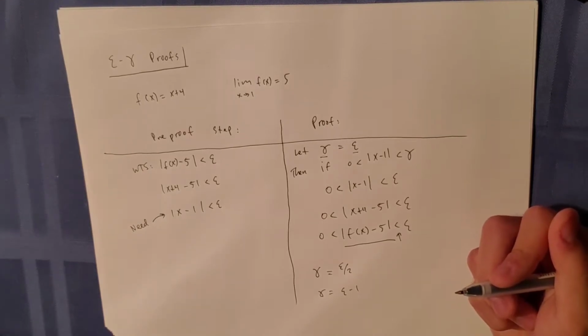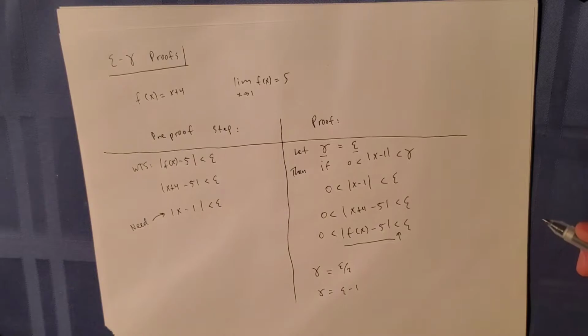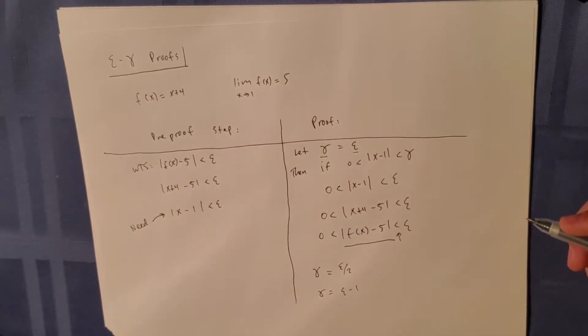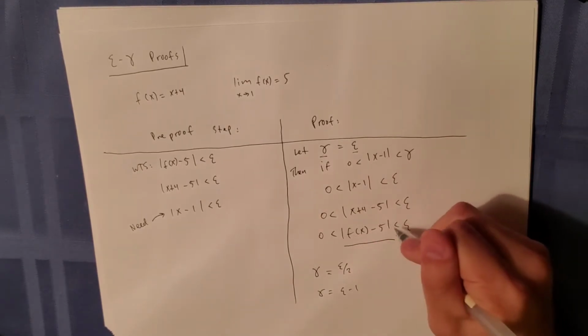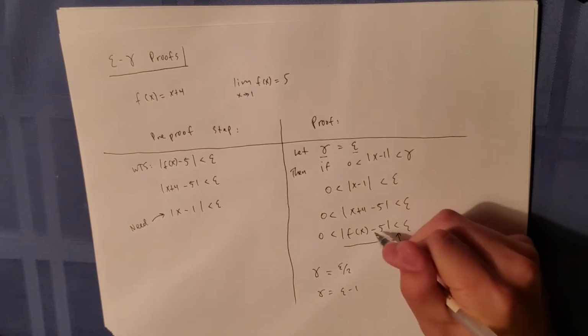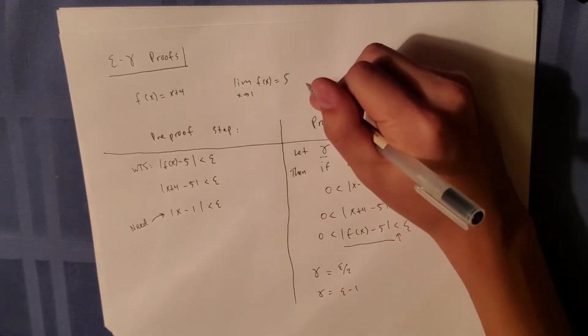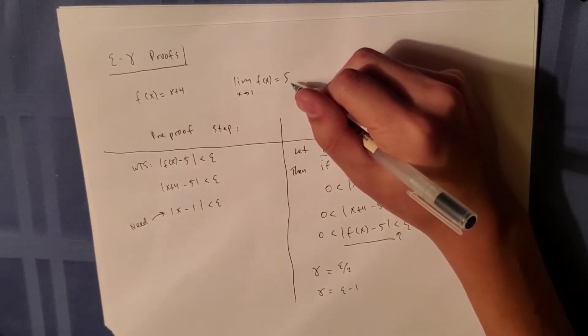Either way, we just want to show that we can find a delta based off of any epsilon such that the absolute value of f of x minus 5 is less than epsilon. So now that we've shown this, we have directly proven that the limit as x approaches 1 of f of x equals 5.